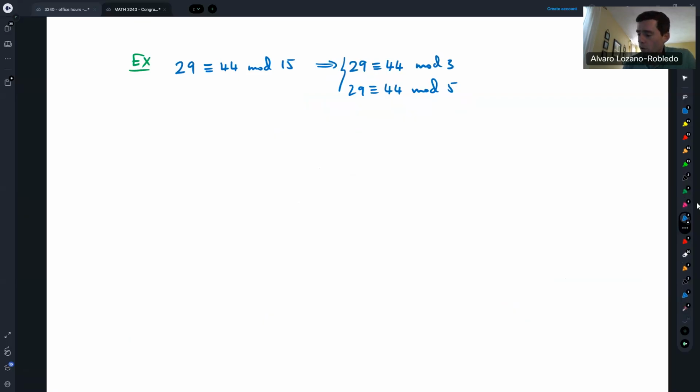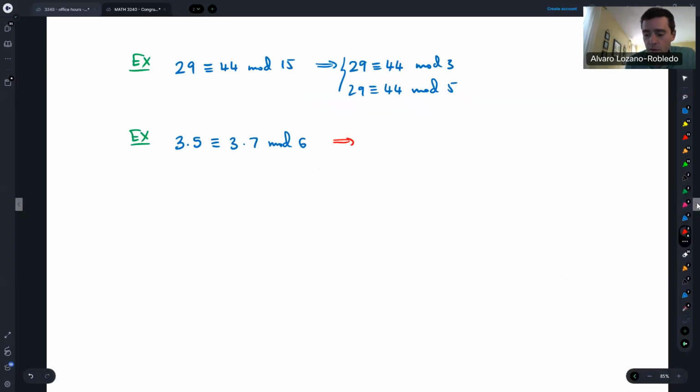But what about the other property, which is, what can I say about cancellations? So for example, I have that 3 times 5 is congruent to 3 times 7 modulo 6. That's what we saw. But it is not true that I can cancel that 3. So 5 is not congruent to 7 modulo 6, so I cannot conclude that.